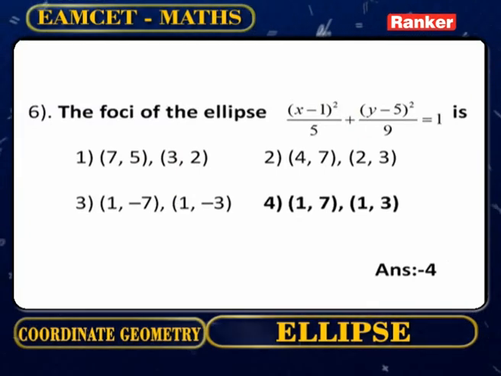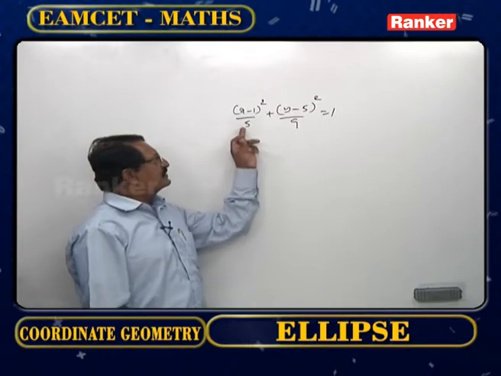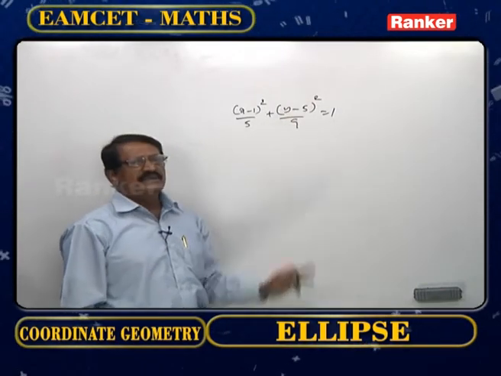The foci of the ellipse (x minus 1) whole square by 5 plus (y minus 5) whole square by 9 equals 1. Now, the given equation is in the form (x minus h) whole square by a square plus (y minus k) whole square by b square equals 1.